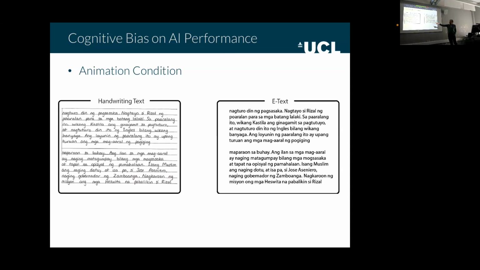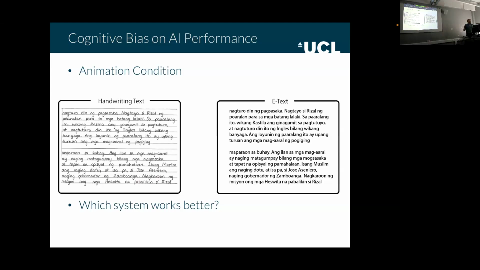So one word at a time is highlighted on the input side, and correspondingly, one word shows up in the output. We told participants a cover story. We told them that we were evaluating two handwriting recognition systems, and we wanted them to tell us how well they work.